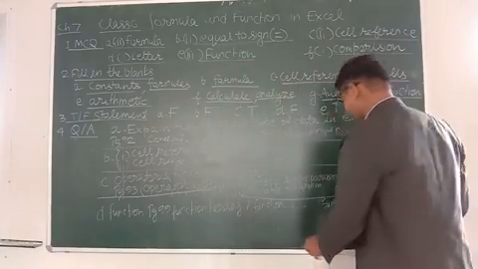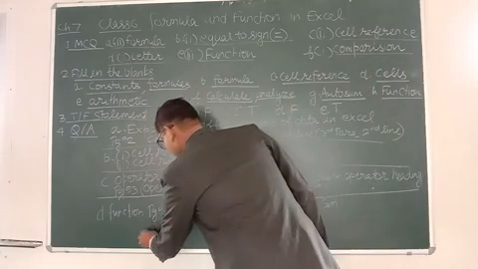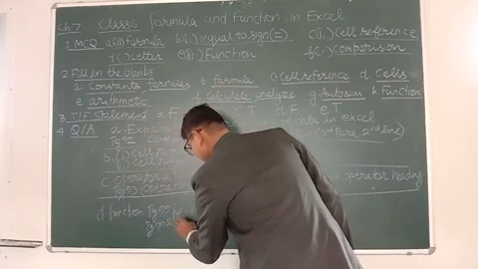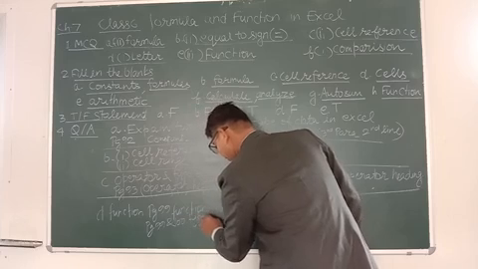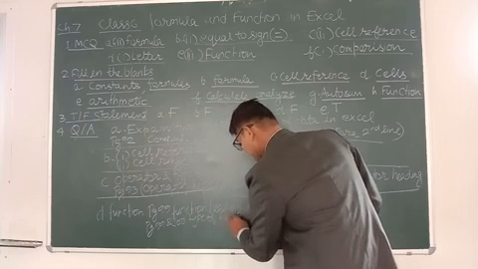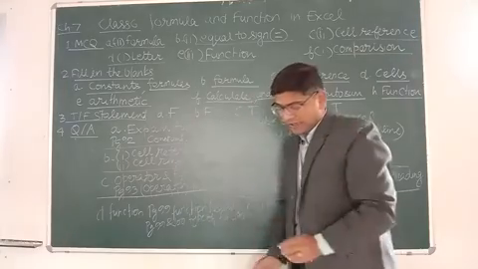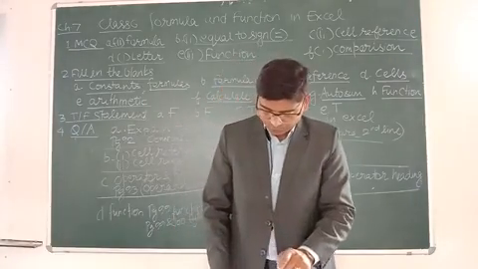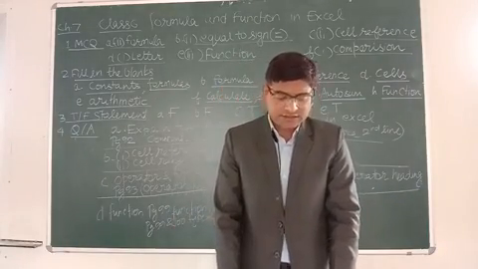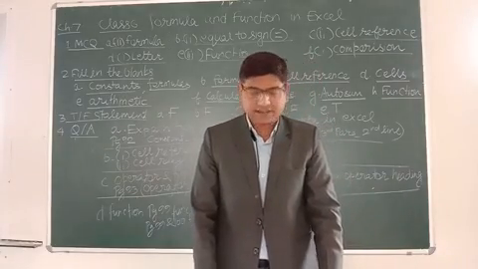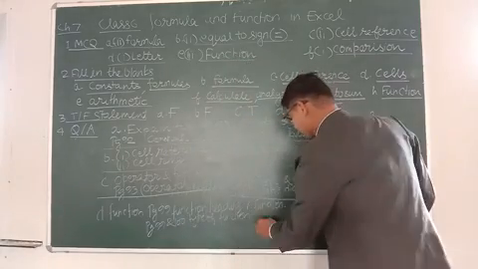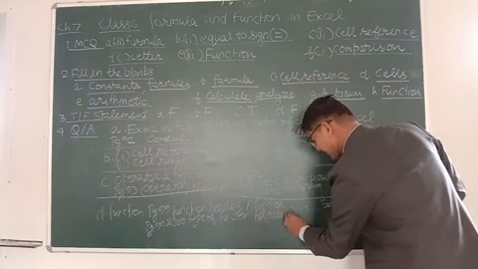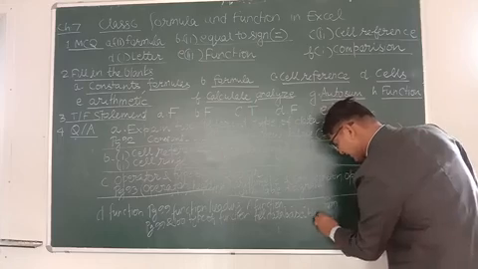Here, for types of function, you have to write the category of function and describe it in one line, on page number 100, till the database heading.